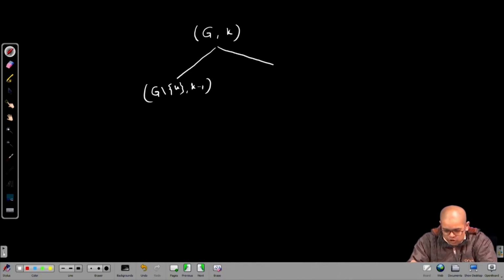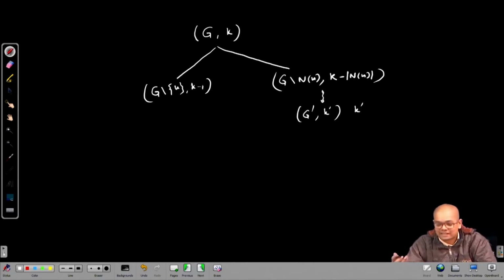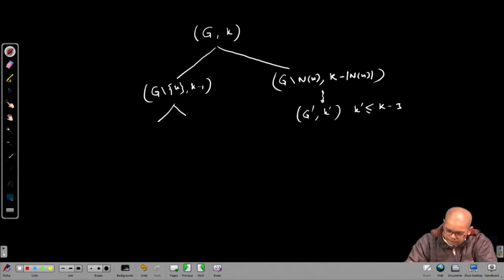In the other branch, you pick the neighborhood of U, giving G prime and k prime, where k prime is k minus |N(U)|. Since the degree of U is at least 3, k prime is less than or equal to k minus 3.